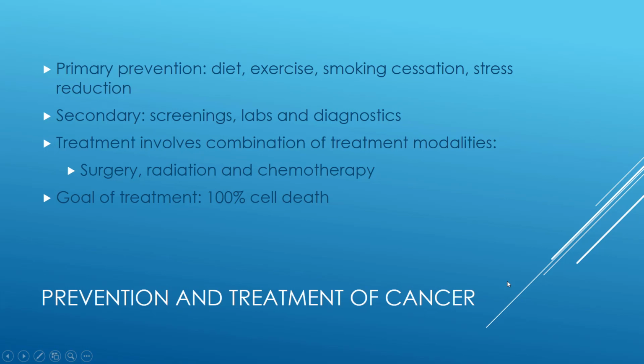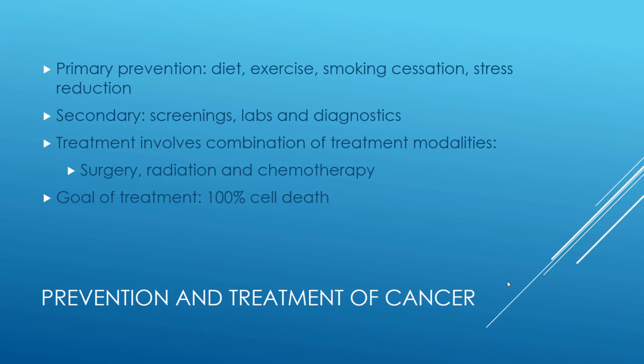When it comes to treatment of cancer, prevention is key, although it might not be 100% achievable. Strategies like diets high in fruits and vegetables, exercise, avoiding obesity, avoiding excess alcohol, smoking cessation, and avoiding known carcinogens are useful primary interventions.